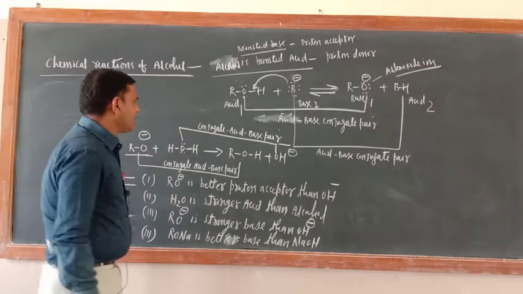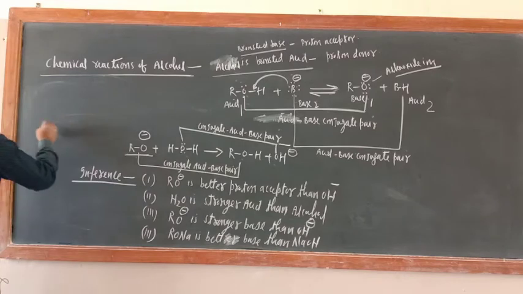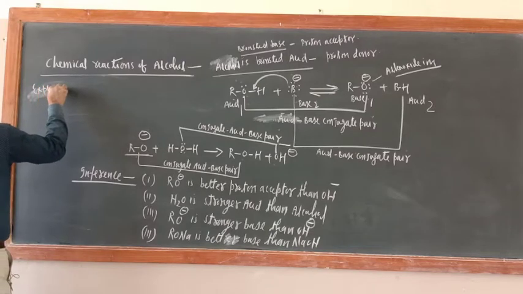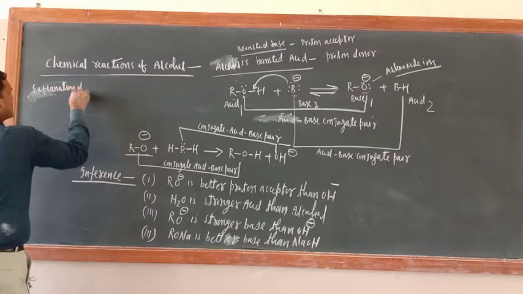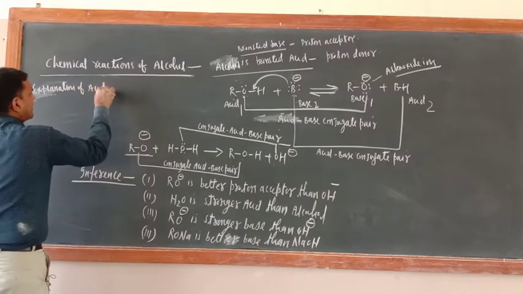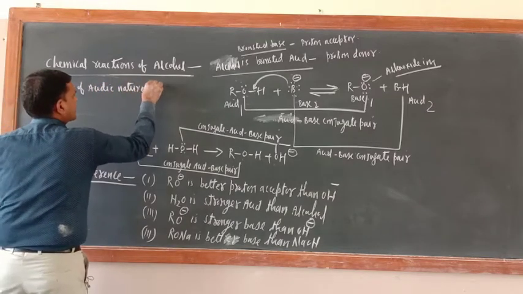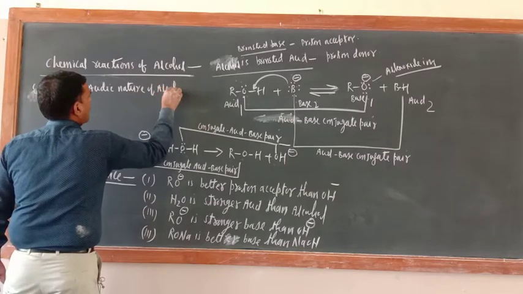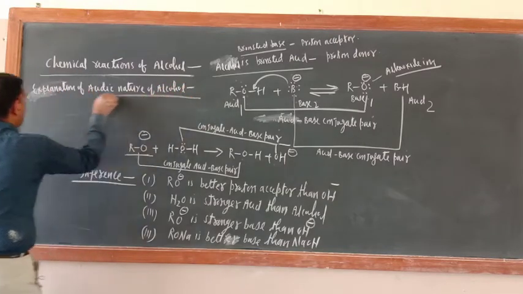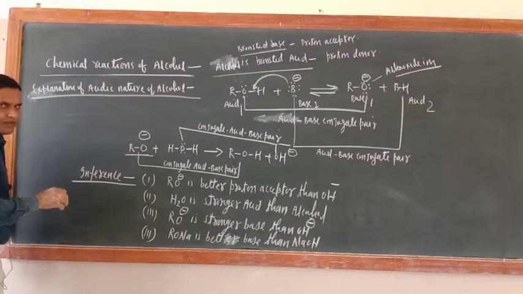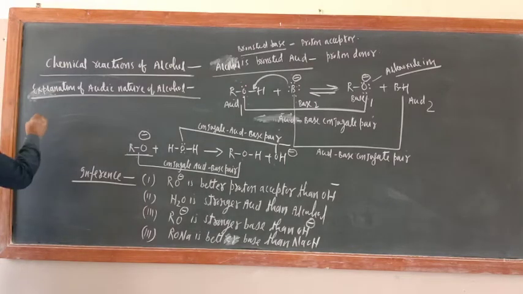Okay, now the acidic nature of alcohol. Explanation of acidic nature of alcohol. So alcohol's acidic nature is because of the presence of the R group.